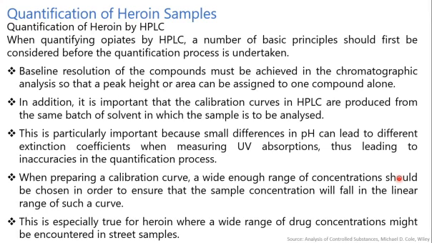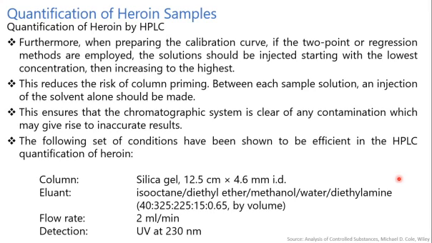This is especially true for heroin, where a wide range of drug concentration might be encountered in street samples. Furthermore, when preparing the calibration curve, if the 2-point or regression methods are employed, the solutions should be injected starting with the lowest concentration, then increasing to the highest. This will reduce the risk of column priming.